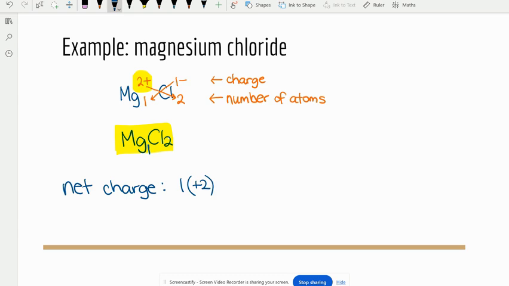I have 2 chlorines, which has a charge of -1. So if I add the charges together for all the numbers of atoms that I have, +2 and again a -2, which gives you a 0. Okay, so the net charge is just to show you that my chemical compound is stable. It makes sense. It's just a way of checking for you.